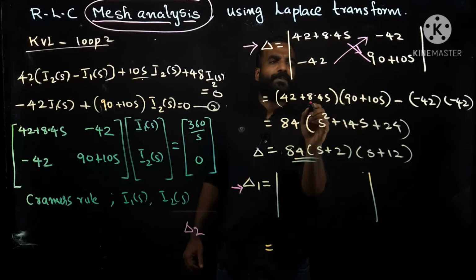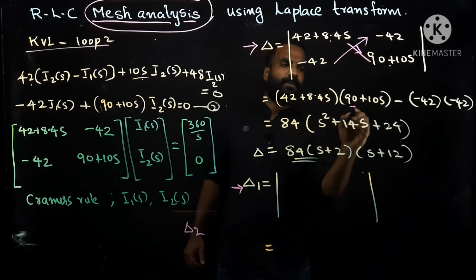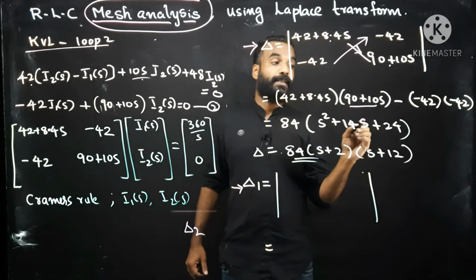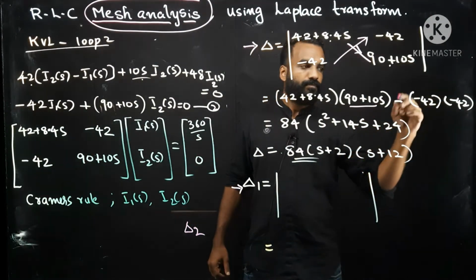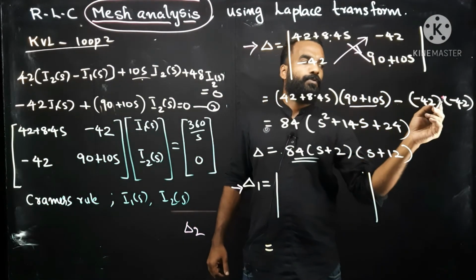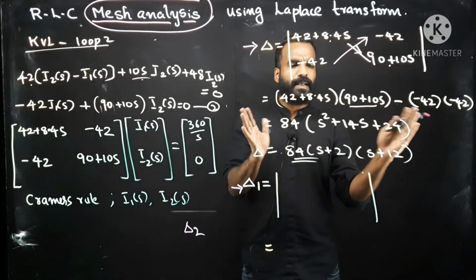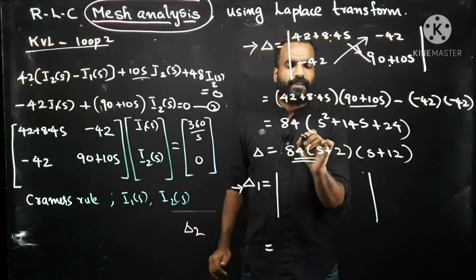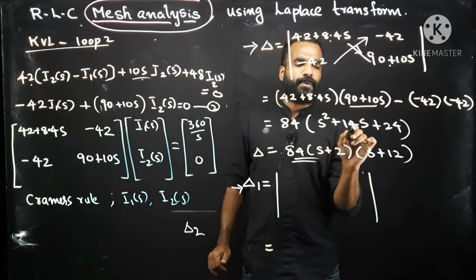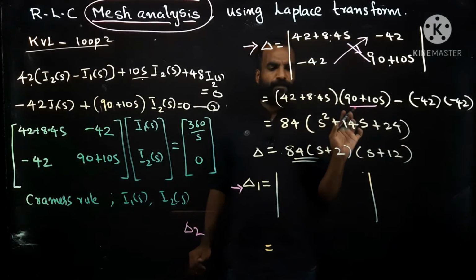So (42 plus 8.4s) is multiplied with (90 plus 10s), minus 42 into minus 42. So you take your own time to open these brackets and solve it. You will finally get 84 into s square plus 14s plus 24.